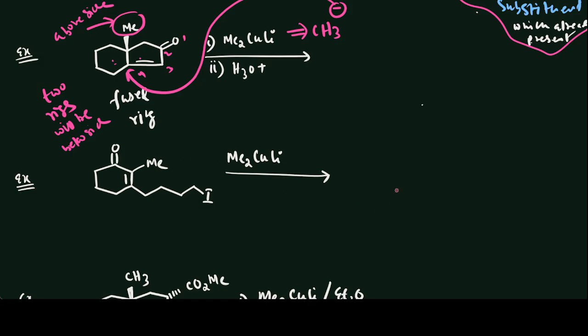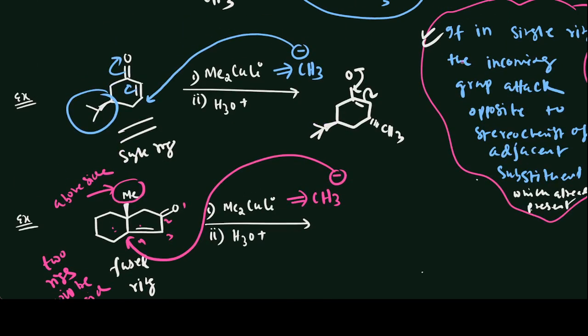So whenever a fused ring is there, the incoming group will attack from the same side as the stereochemistry of the substituent group present at the junction positions.